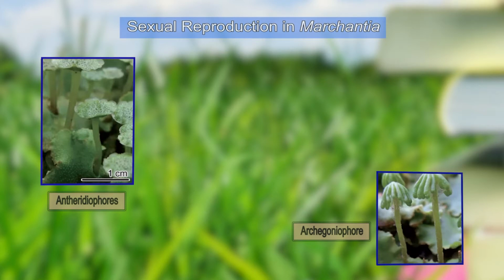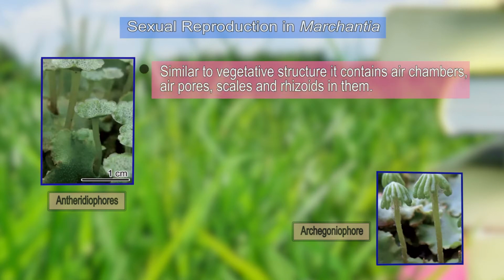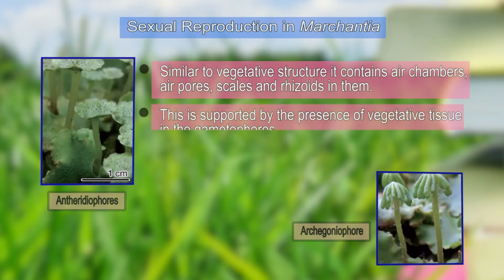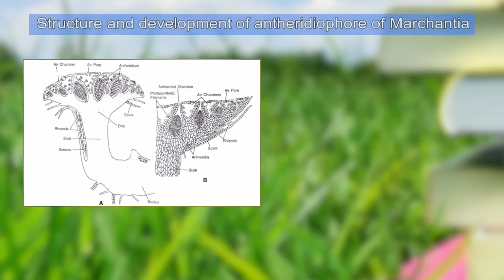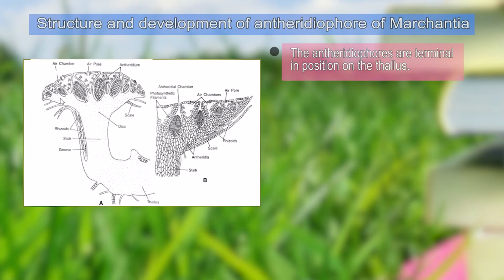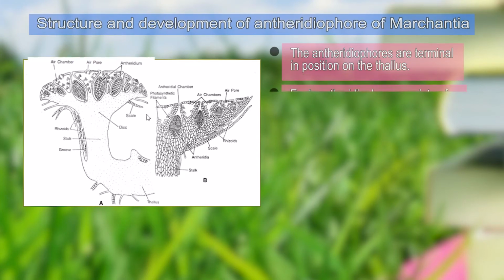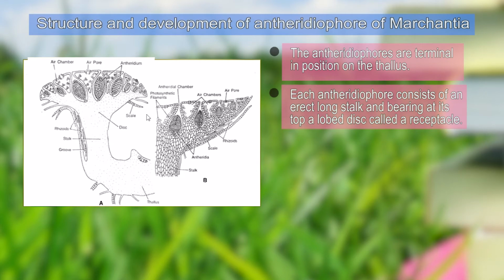So, this is how it looks. If you look into the gametophore, it has the same kind of anatomical features as the gametophyte, so the vegetative tissue is the same as in the gametophyte. The antheridiophores in Marchantia are terminal in position on the thallus. Each antheridiophore consists of an erect long stalk bearing at its top a lobed disc called a receptacle.